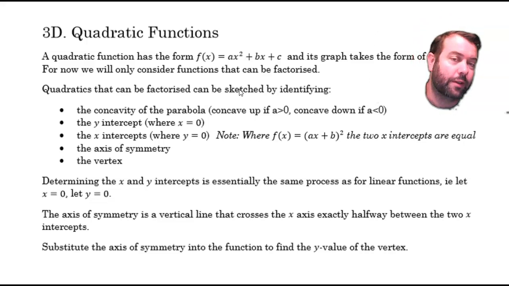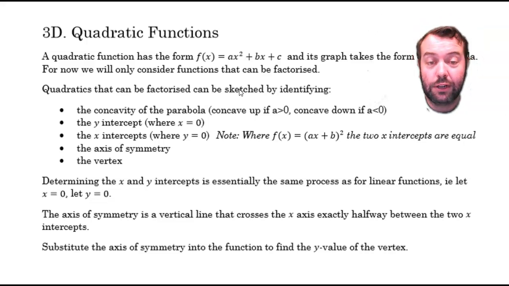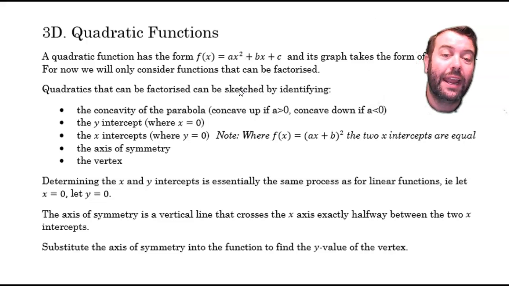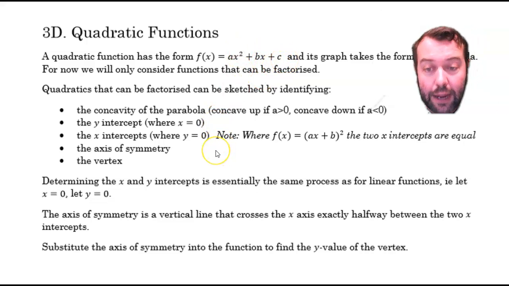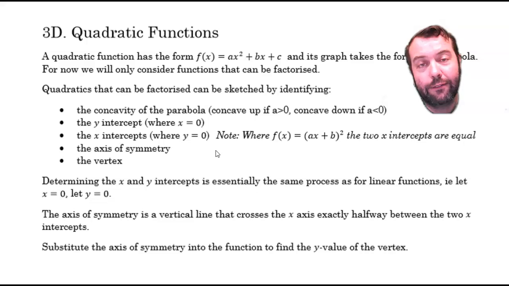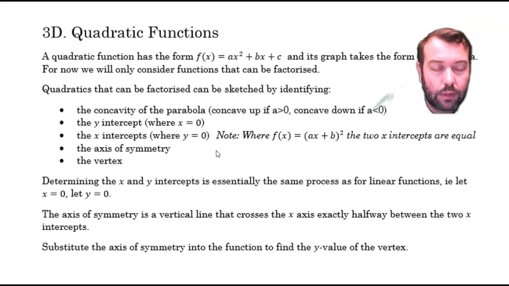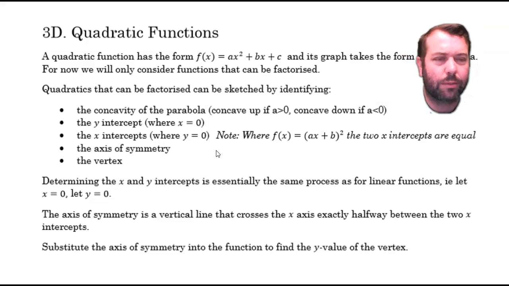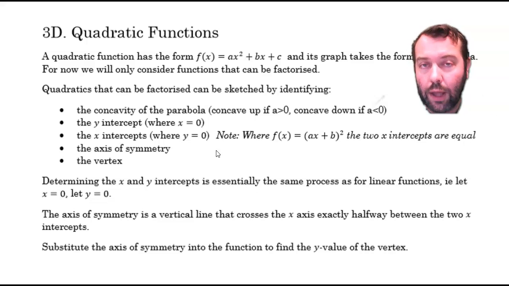Second, the y-intercept. The y-intercept's easy to find. Let x equal 0, same as we did with linear functions, you might remember. So let x equal 0, we find the y-intercept. That's pretty easy. That'll just be c, the constant. Then we look for the x-intercepts, and this is where life gets a little bit more interesting. Sometimes this doesn't work terribly well, but if I let y equal 0, then perhaps I can find the x-intercepts.